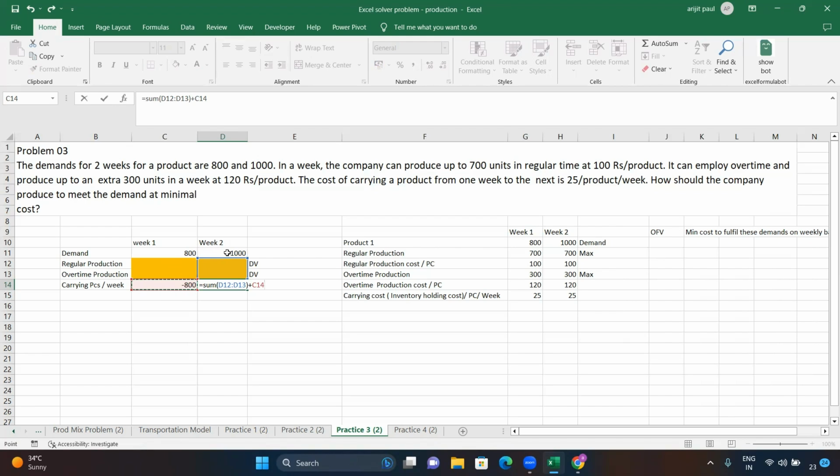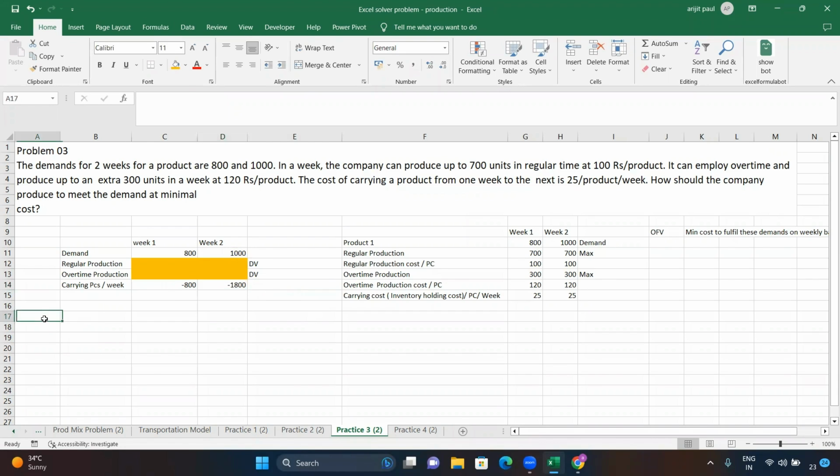So basically we do not want to overproduce anything for week 2, right? That is why we are also considering the extra pieces of week 1 in the carrying pieces, and minus the demand of week 2. So the logic remains the same.